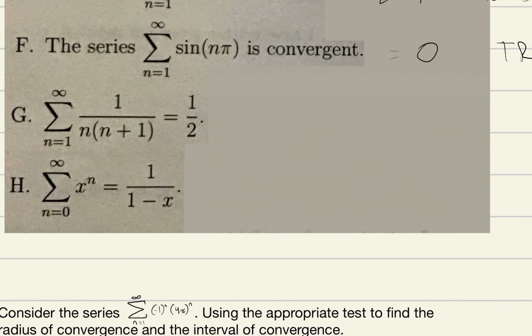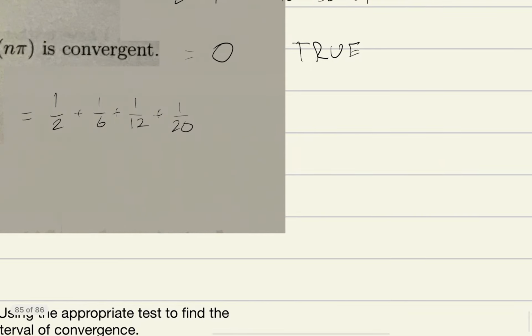Now they're saying that the series 1 over n times n plus 1 is equal to 1/2. If we plug in some numbers, starting at 1, we get 1/2 plus 1/6 plus 1/12 plus 1/20th. We can already see the value will be bigger than 1/2, so this would be false.